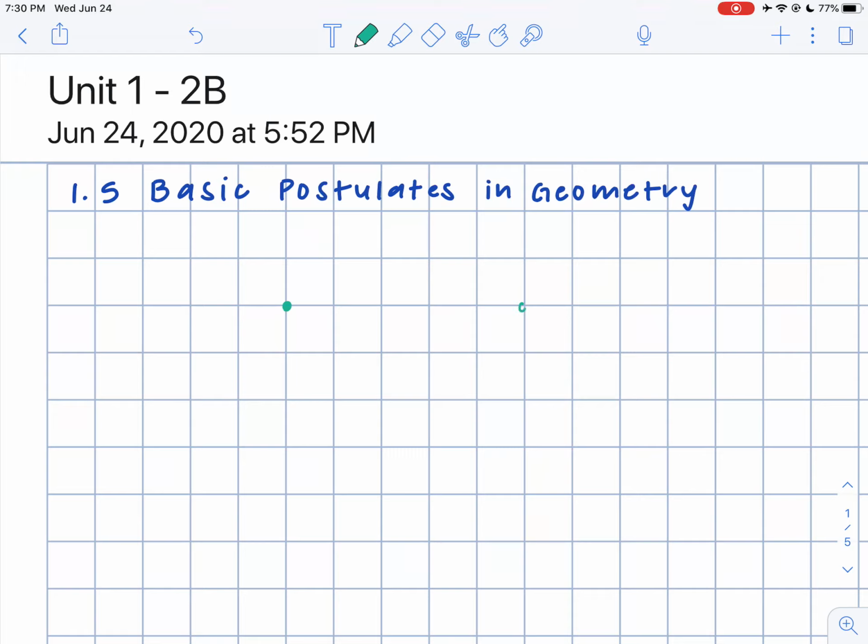Now, what if we had 2 points, and what if we connected them? Well, this line right here, we call it a segment or a line segment, okay? And this line segment is bound by 2 endpoints. These are called endpoints.